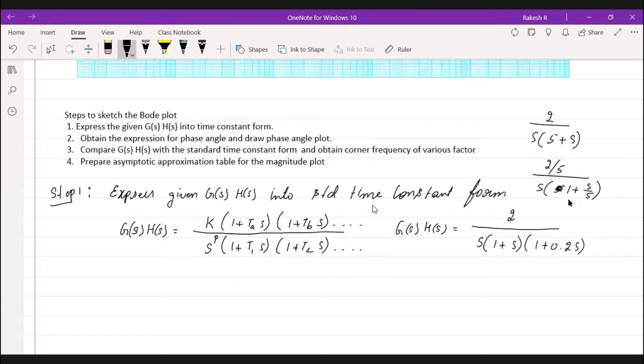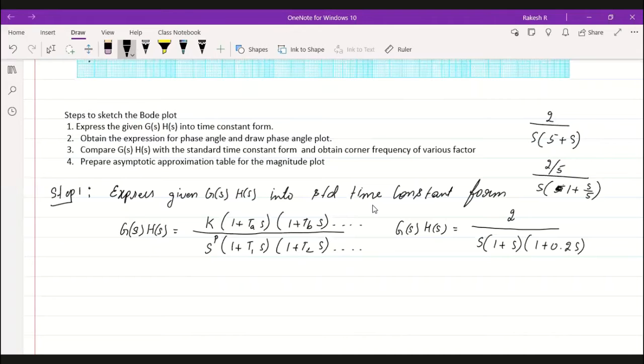Now 2 by 5 will be some value, that is k, and 1 divided by 5 is 0.2.